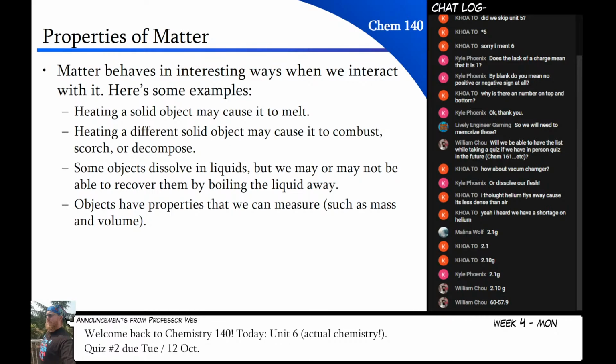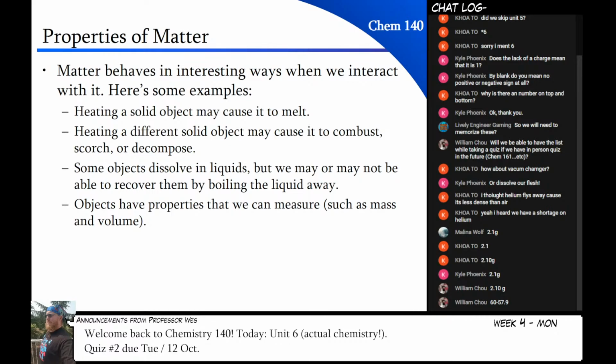All right, let's talk about some things that you can do to matter. So the first set of interactions that we're going to talk about for matter are just going to be actions that we can take on it in the most broad sense. So, for example, if I had a piece of aluminum foil, we'll say that the aluminum foil is my matter. I could fold it in half. That'd be something I could do to it. Or I could tear it into pieces.